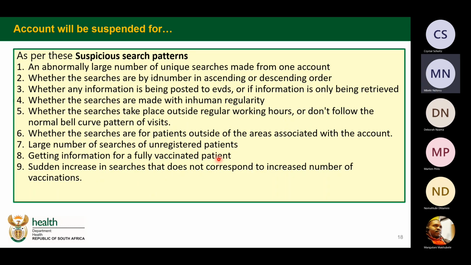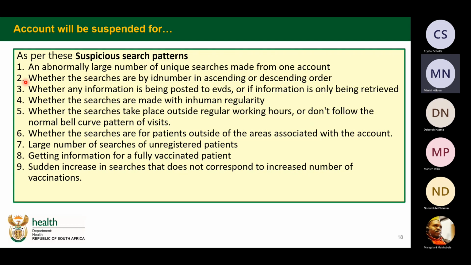Now, in the recent past, we've had user accounts, EVDS user accounts, that is, being suspended because of suspicious activity that's happening on EVDS. So if your user account is associated with such activity, your account will be suspended.